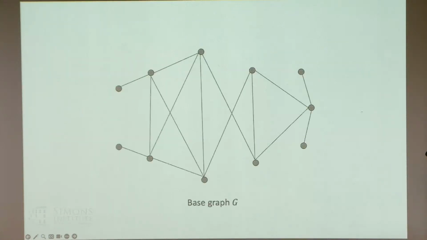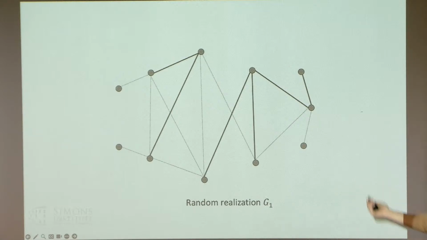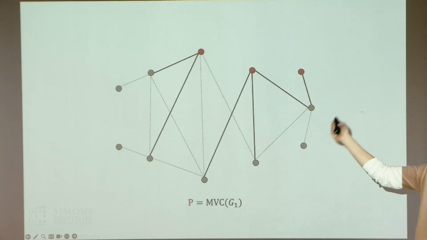Now let's see how the algorithm works on this graph. This is our base graph G. We randomly realize these edges. So at this point, I'm not querying anything. Right? I'm just drawing a realization of it over my base graph. Okay, so take a minimum vertex cover of my random realization, the red vertices.